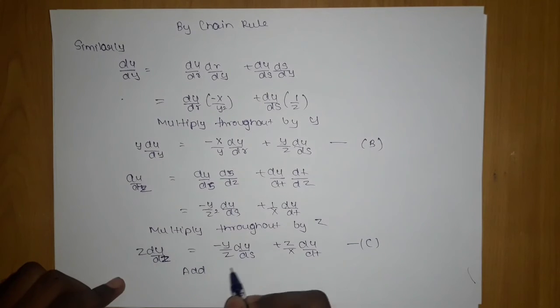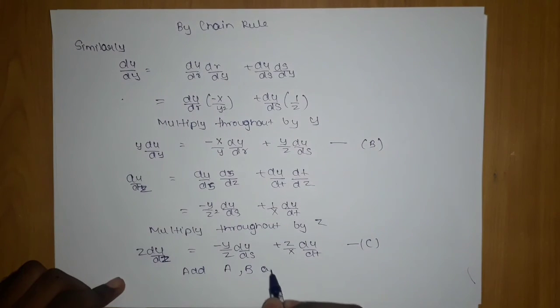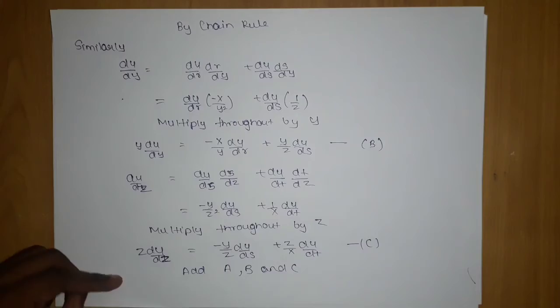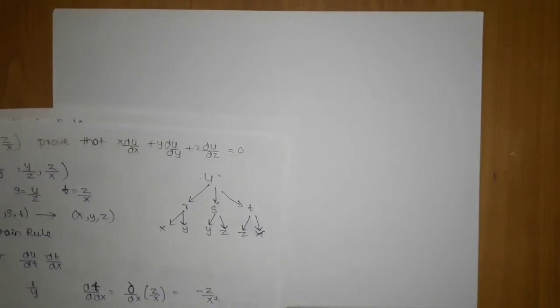Now add A, B and C. What do we get if I add A, B and C?